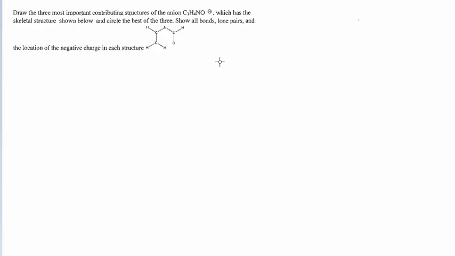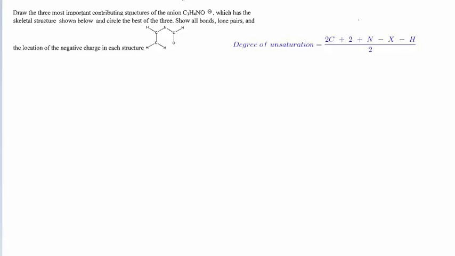The first thing you should always do if you're given a formula like this is calculate your degrees of unsaturation. The degrees of unsaturation formula looks like this. If you haven't seen this before, it's a way of calculating how many double bonds, triple bonds, or rings you'll have in your molecule.